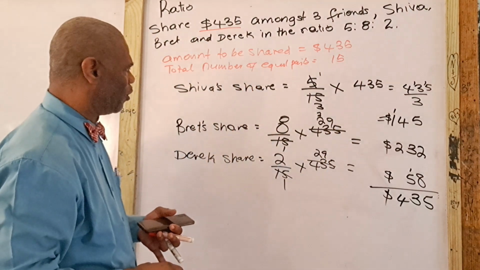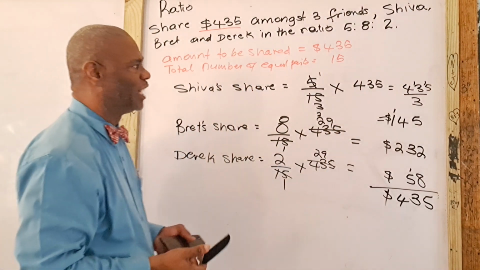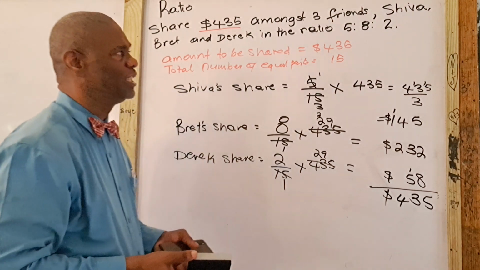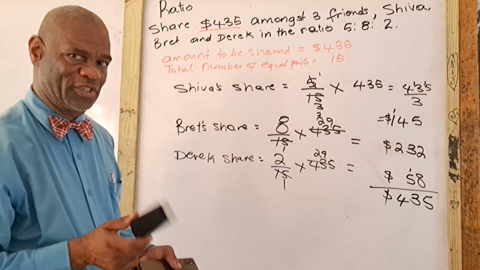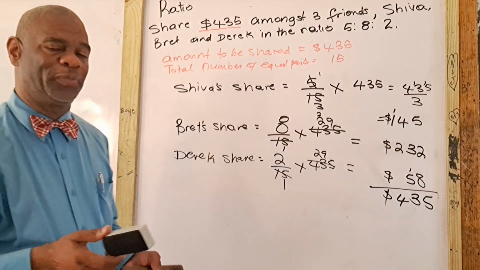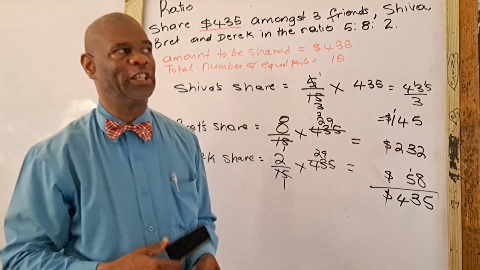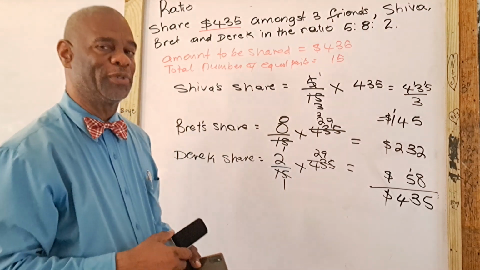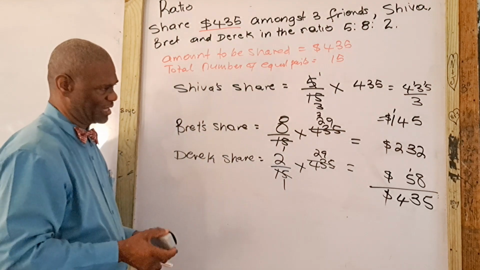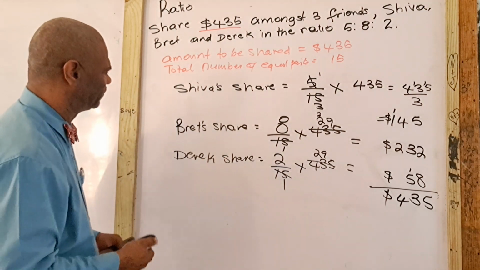Or we could take the ratio share that each person gets, put that over the total number of parts, and multiply it by the amount to be shared. Alright? So that's it. Good?